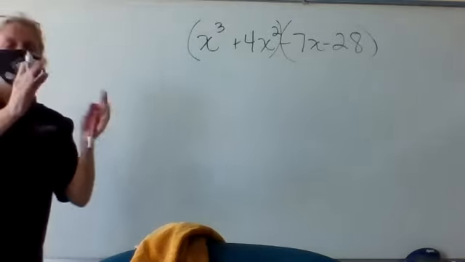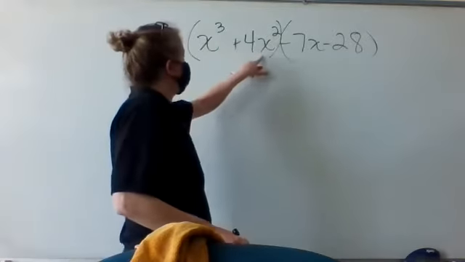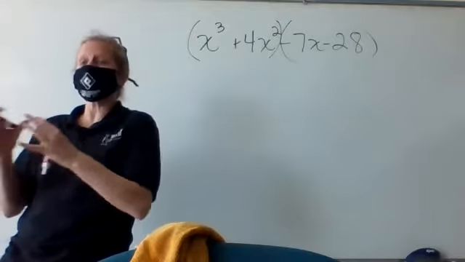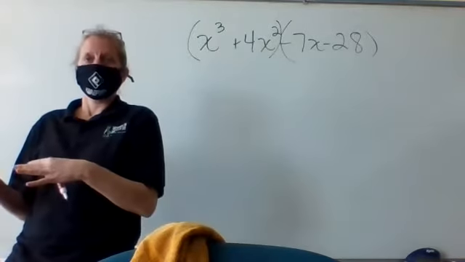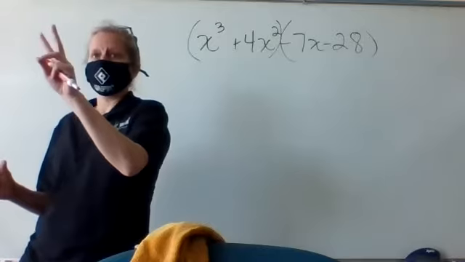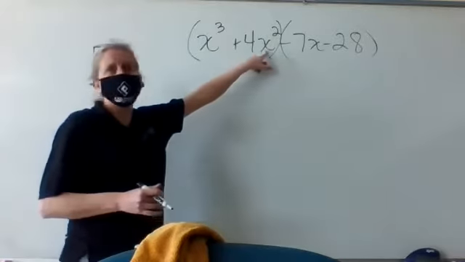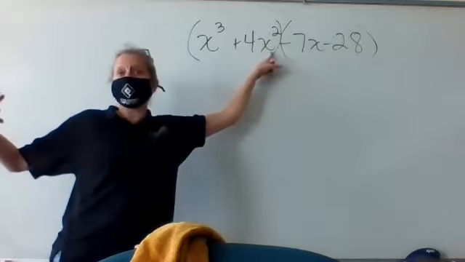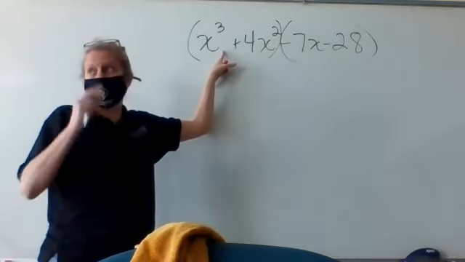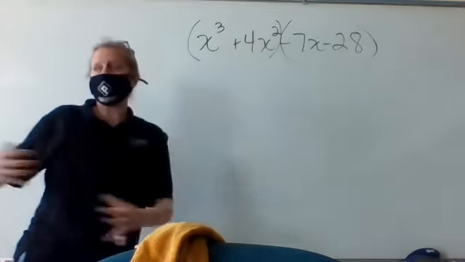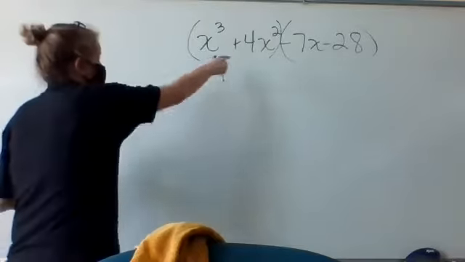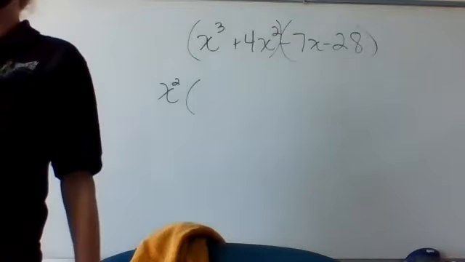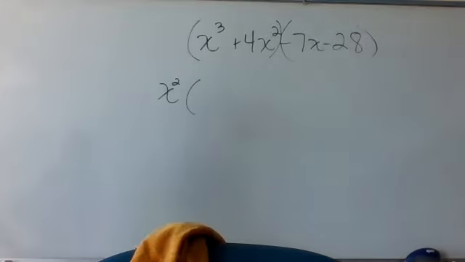Just looking at the first group, I've got x cubed plus 4x squared. You want to pull out as much as you can that you see in both terms. The x squared. I can't pull out any more x's than squared because this one doesn't have any more than squared. This one has more, but they both have to have it in order to pull it out. So I'm pulling out x squared and putting in parentheses what's left.